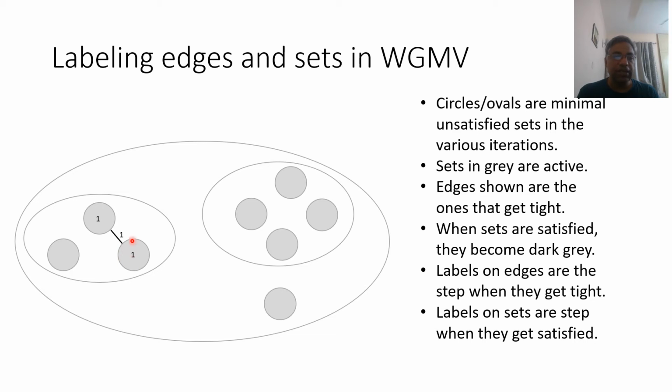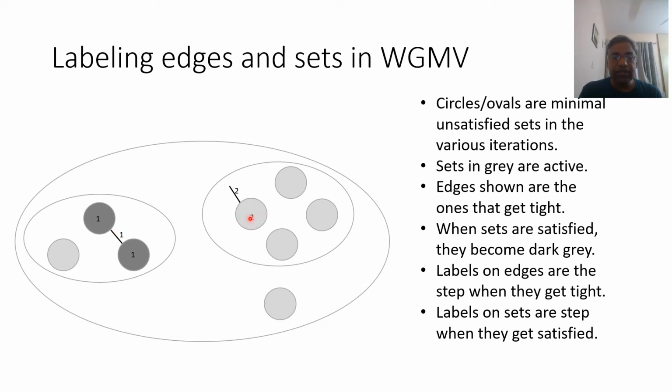So this set becomes satisfied at the end of iteration 1, and so it gets a label of 1, and this edge also got tight in iteration 1, so it gets a label of 1. And so we are going to continue this. And once a set becomes satisfied, we are going to change the color to something darker, and so it becomes a darker shade of gray.